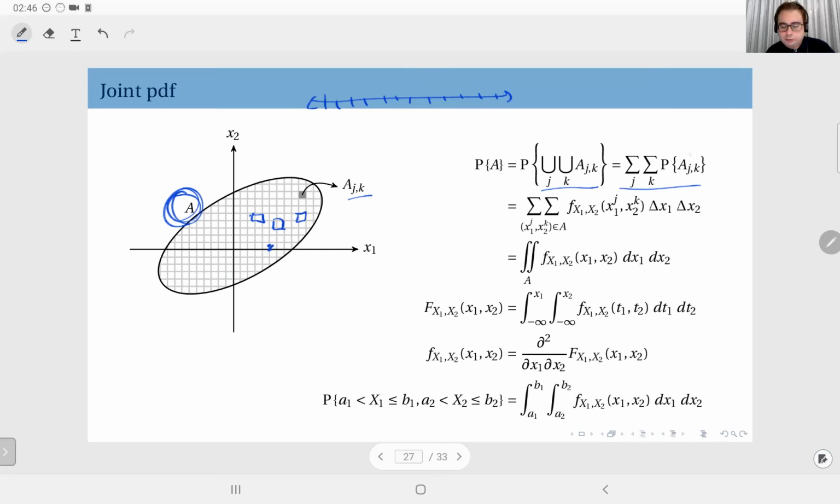And we can actually write the probability of each infinitesimal square using this. This is the joint PDF, and delta x1, delta x2 is the steps here. So delta x1 is this distance, and delta x2 is this distance. Of course, when you multiply them, you get the infinitesimal area.